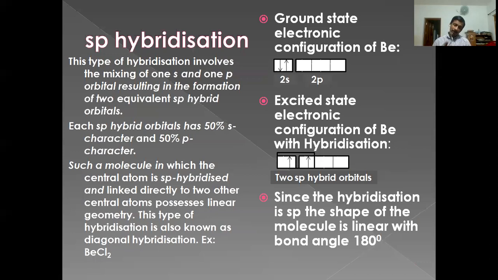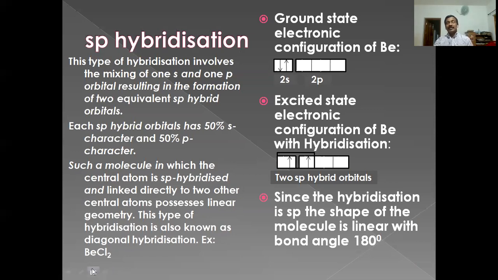These two orbitals will also be directed in space to minimize repulsion, so they will be arranged linearly. So sp hybridized molecules have a linear shape. In sp hybridization, one s and one p, so 50% s character and 50% p character.